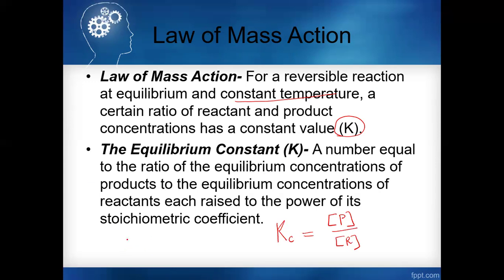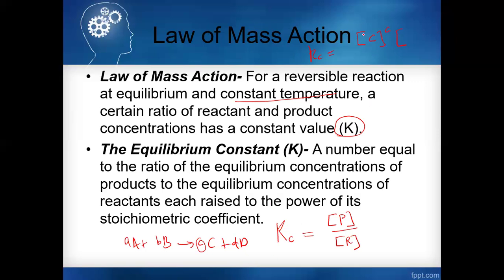So if you have a chemical reaction like this, a A plus b B gives c C plus d D, where a, b, c and d are the stoichiometric coefficients. So assume that this is a chemical reaction, right? On the left-hand side are your reactants, on the right-hand side your products. To write the expression for the equilibrium constant, you're going to say Kc is equal to the concentration of the products at the top. So in this case, C is a product, and this stoichiometric coefficient you raise over here as the exponent.